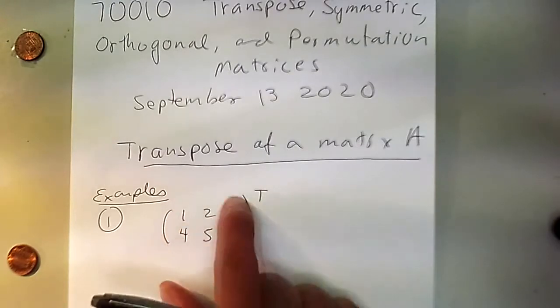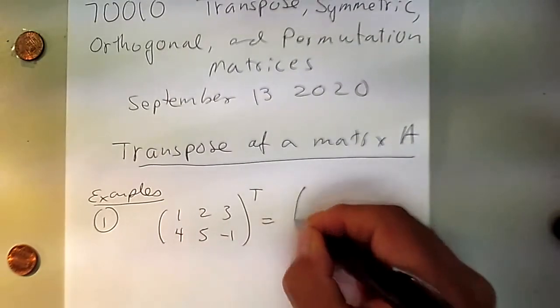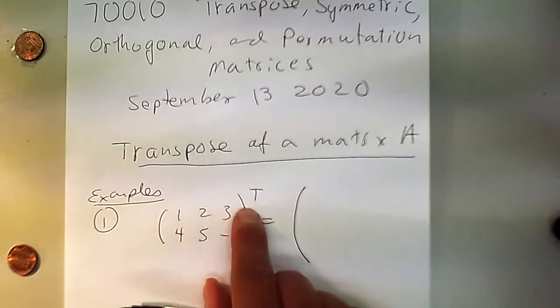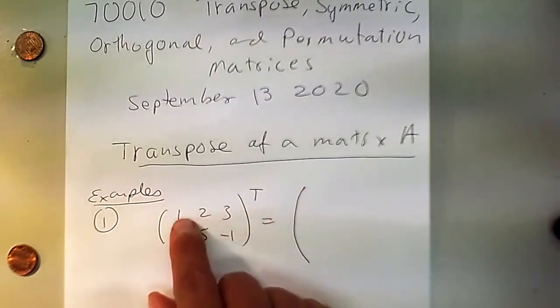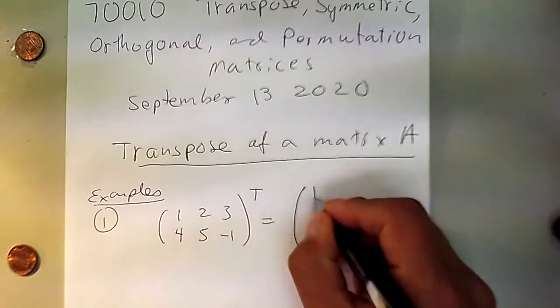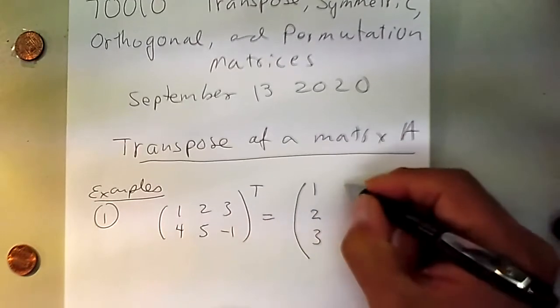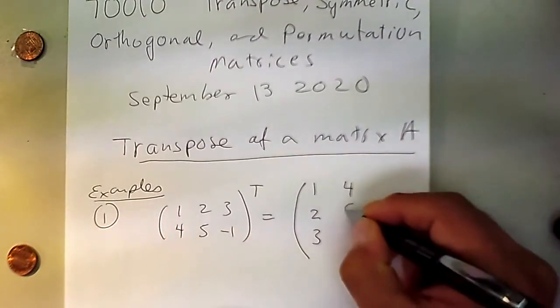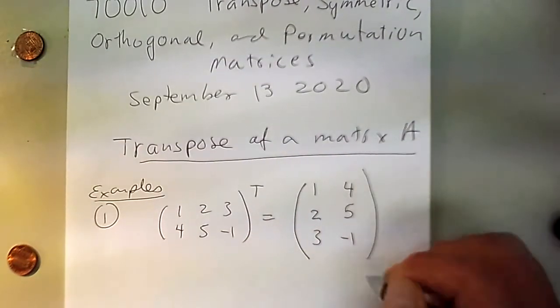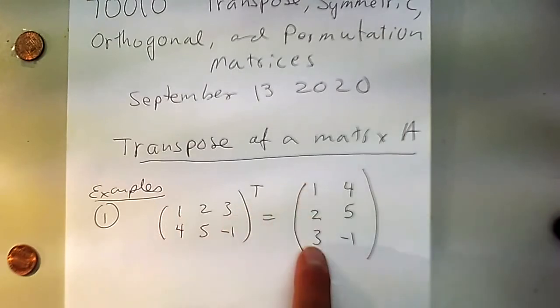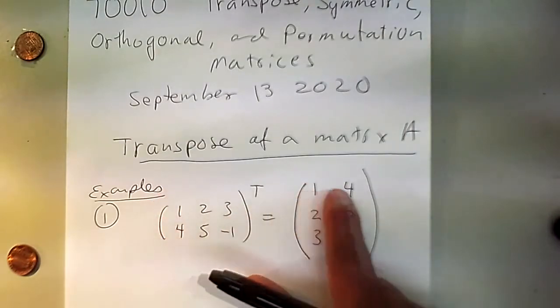That means the transpose of this matrix will be a new matrix where every row becomes a column. So the 1, 2, 3 row becomes the column 1, 2, 3, and the 4, 5, -1 becomes the column 4, 5, -1 there. So transposing means changing rows into columns and changing columns into rows.